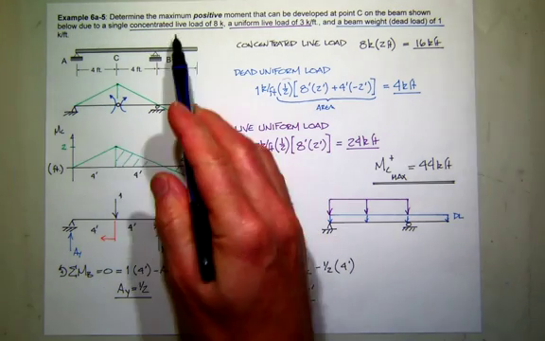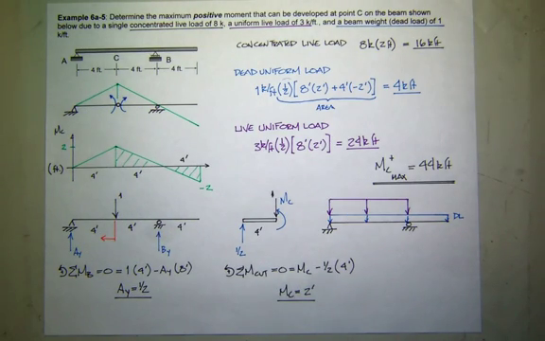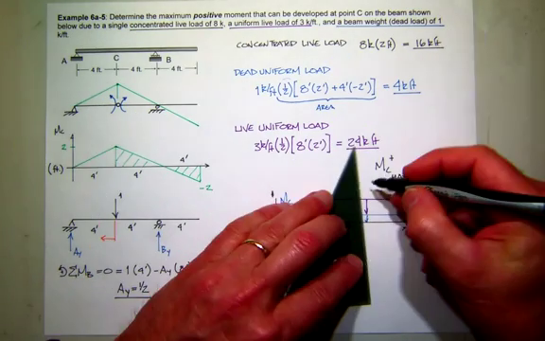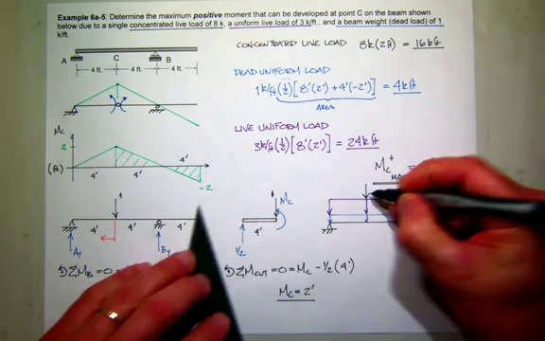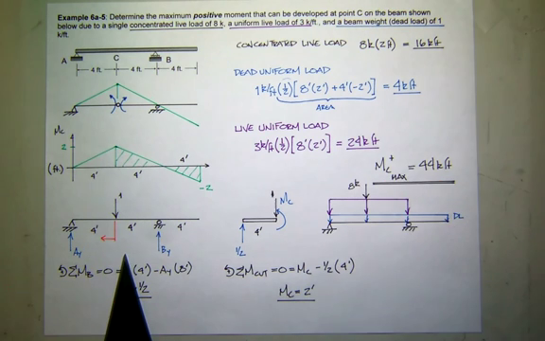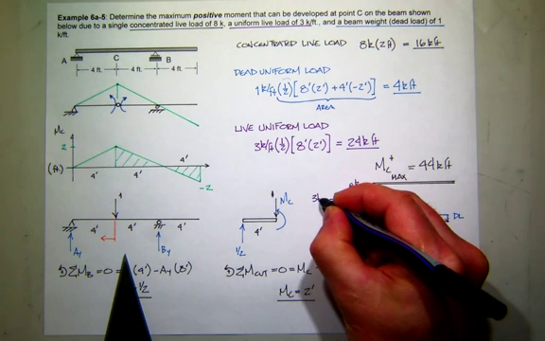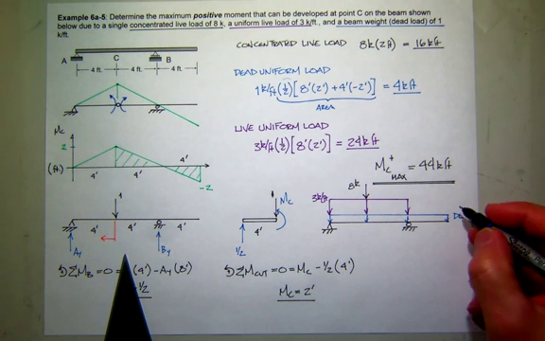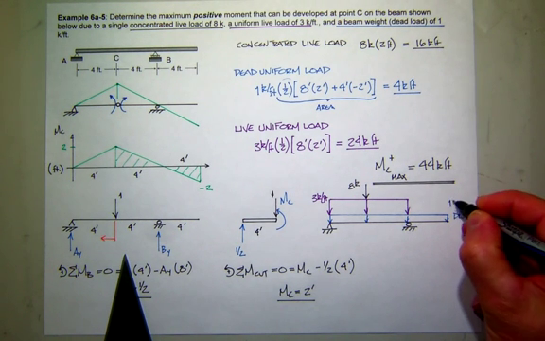And then where does my concentrated force go? I think we found it to be right here, which is 4 feet over, which is about right here. So this would be where my 8 kip force would be. This is where my 3 kip per foot force is, and then my dead load over here, which is 1 kip per foot.